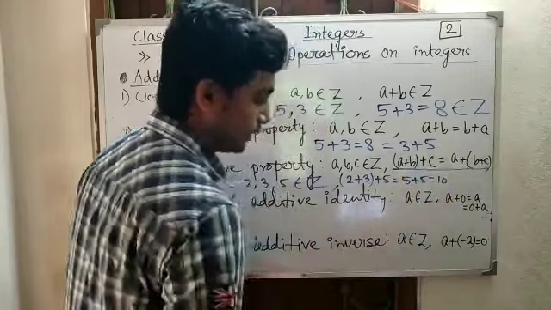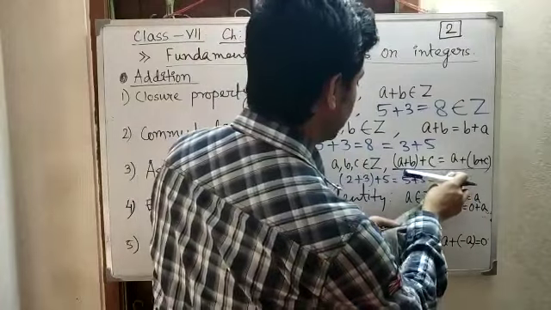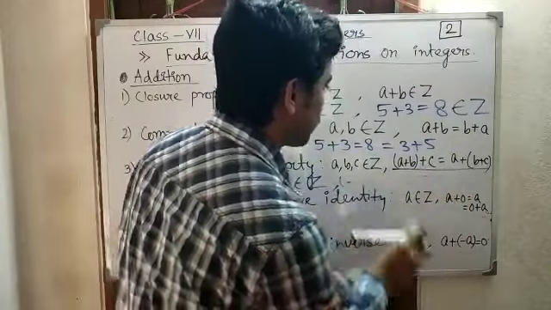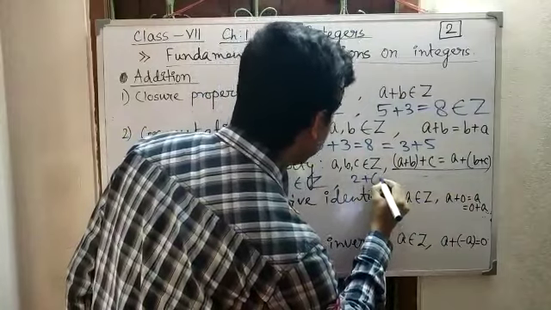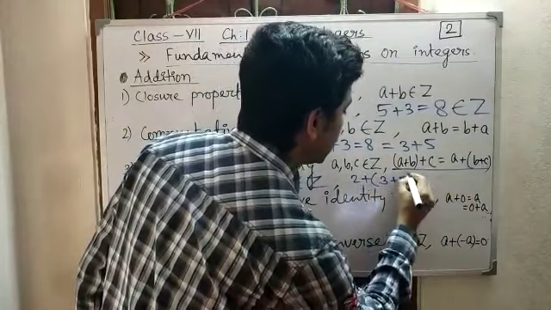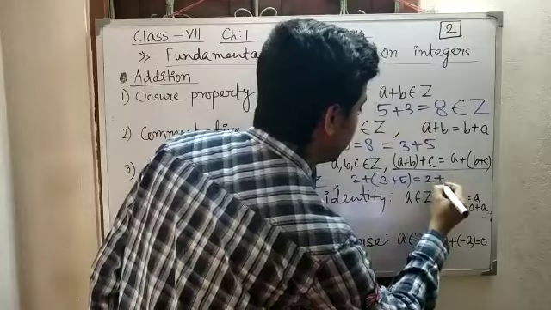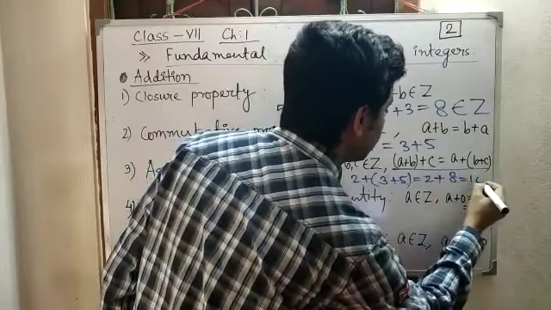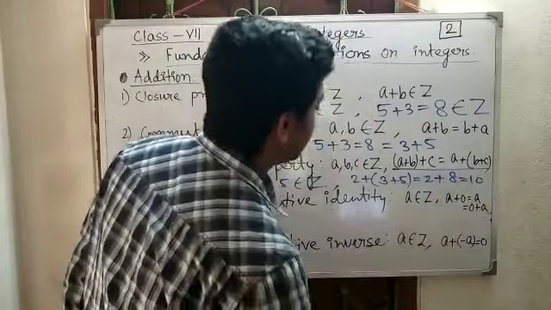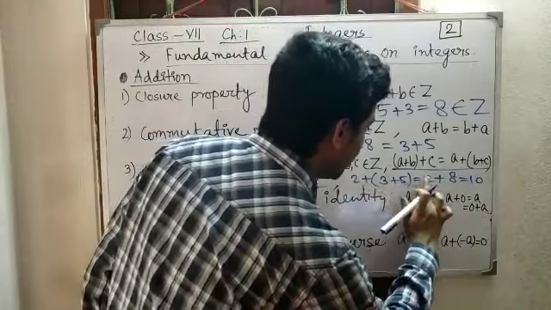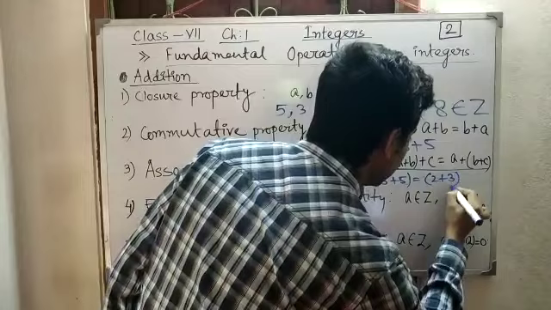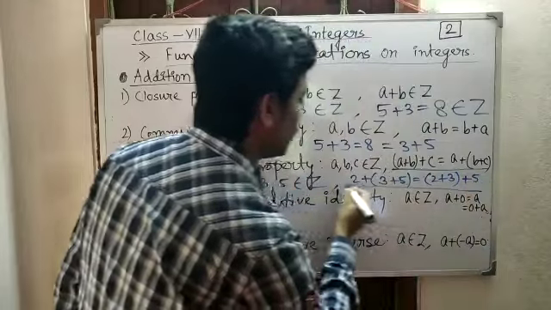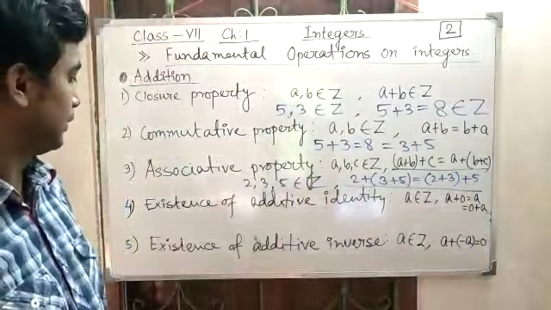Now if you solve the other portion, 2 plus (3 plus 5), if you calculate you will get 10. That's why what you can tell? (2 plus 3) plus 5 equals 2 plus (3 plus 5). Okay, this is the property.